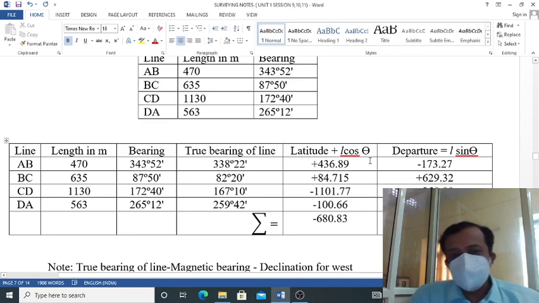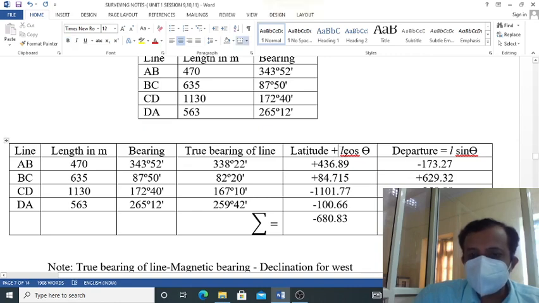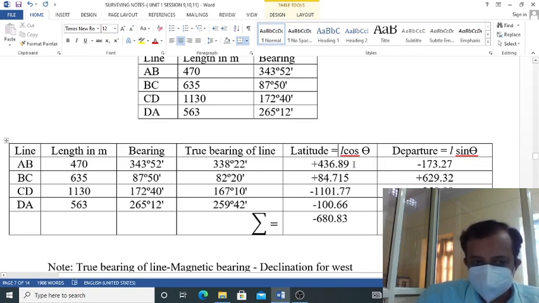Then find out the latitude and departure. The latitude is given by L cos theta and departure is given by L sin theta, where L is the length of the line and theta is the bearing of the line. So 470 into cos 343 degrees 52 minutes gives you 432.89.